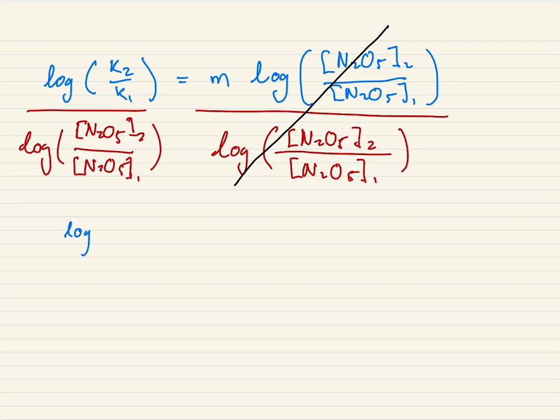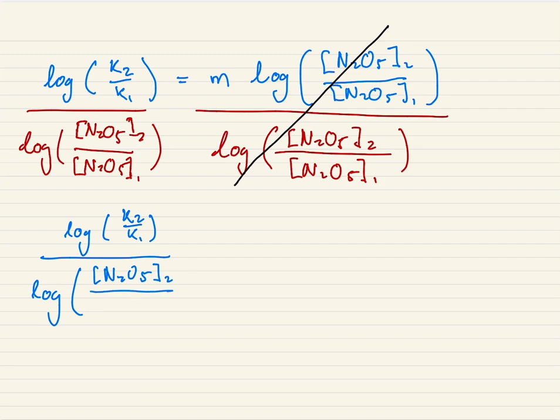So the logarithm of K2 over K1, over, and really it's just the logarithm of this ratio of concentrations that's really annoying to write, N2O5 2 over N2O5 1, is equal to m.